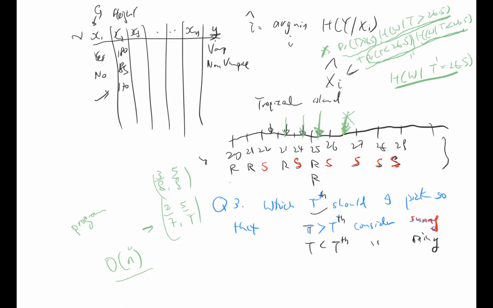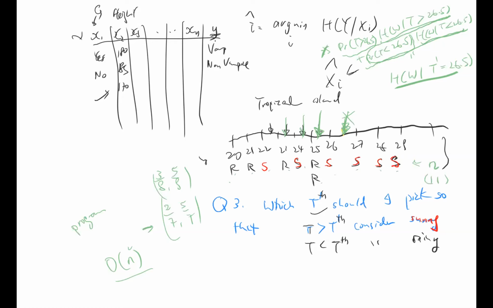So now let me ask you. For me to design this, let's say the number of data points here is n. So I have 1, 2, 3, 4, 5, 6, 7, 8, 9, 10, 11. I have 11 points here, right?